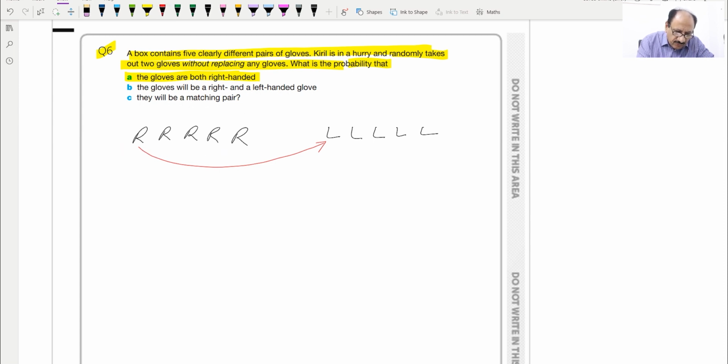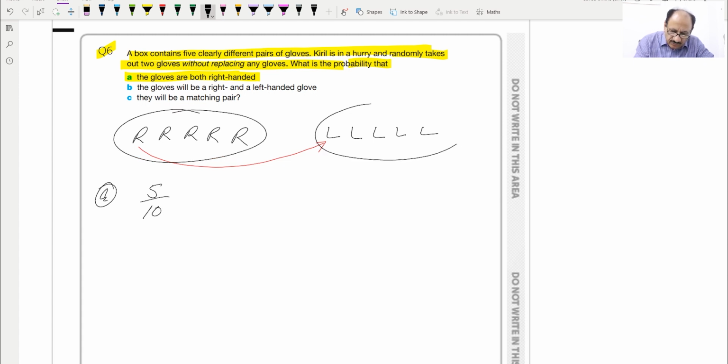So probability for the first right glove will be what? This will be 5 out of, we have total 10 gloves, 5 this one and 5 this one. So choosing this R is 5 out of 10, because there are 5 R's and total gloves are 10. So we are writing 5 out of 10.